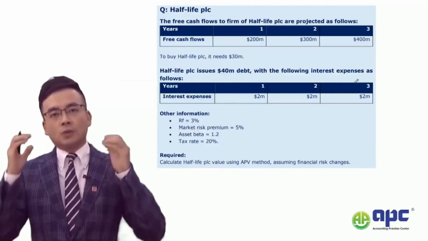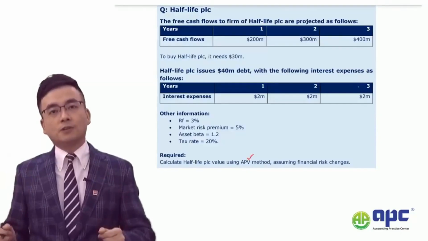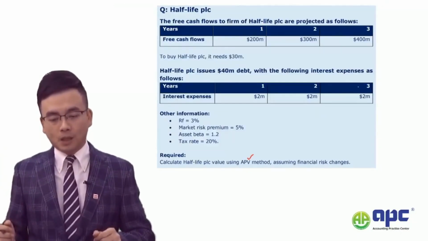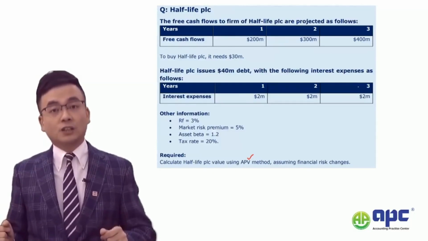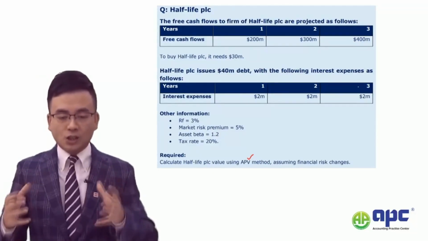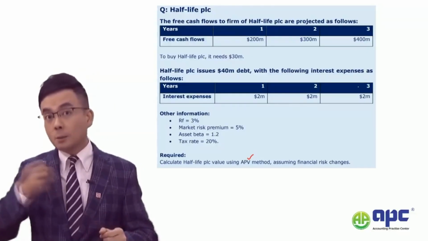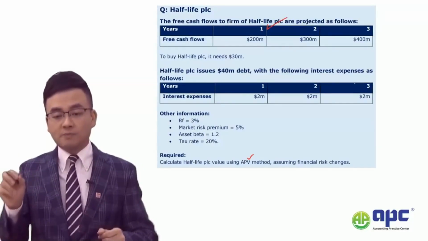When you see the APV method, you need to understand there will be two steps in there. Assuming financial risk changes. Why? Because we are going to buy this company called Half-Life PLC.